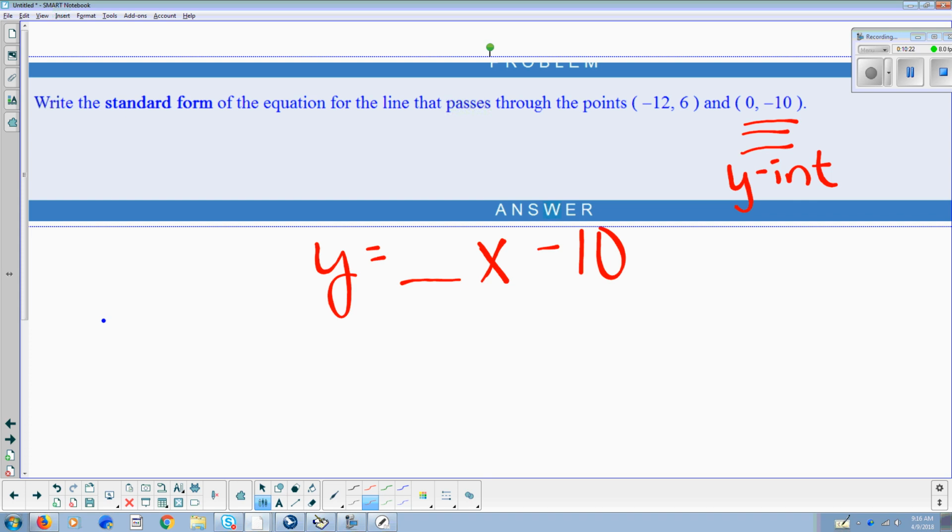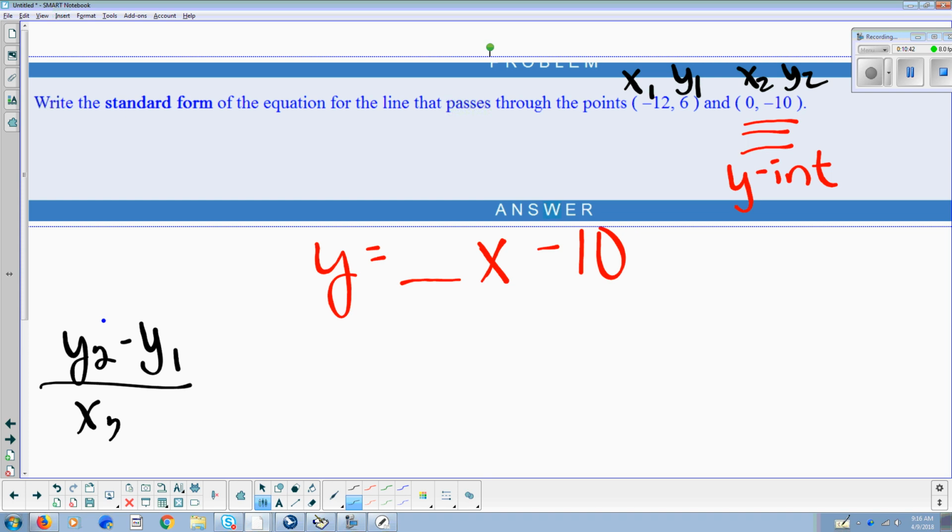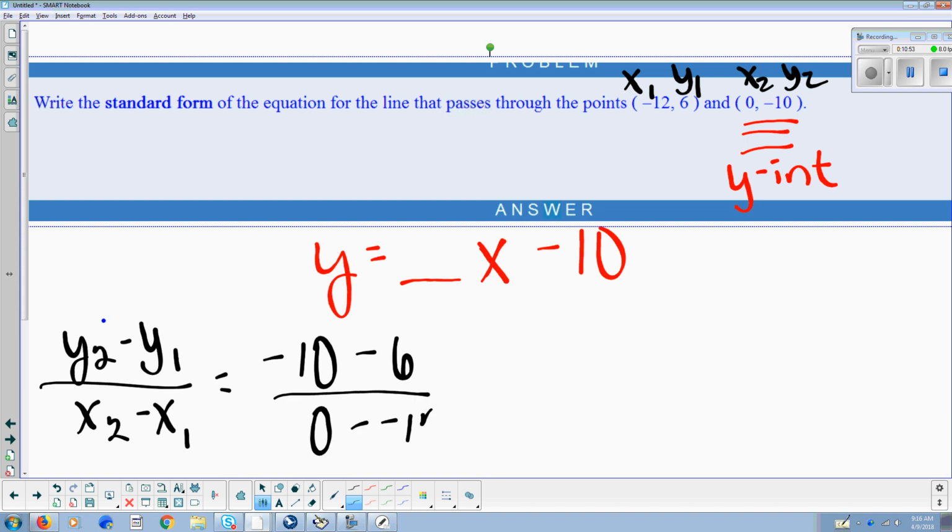Okay? To find the slope, I'm going to use the slope formula, using x1, y1, x2, y2. So the slope formula says y2 minus y1 over x2 minus x1. So my y2 is negative 10, minus y1 is 6, x2 is 0, minus x1 is negative 12.